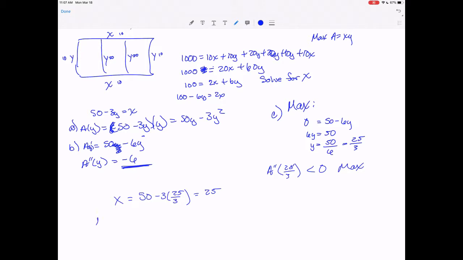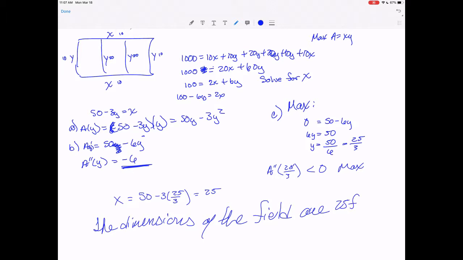So the dimensions of the field are 25 feet by 25 thirds feet. And I would leave it as 25 thirds.